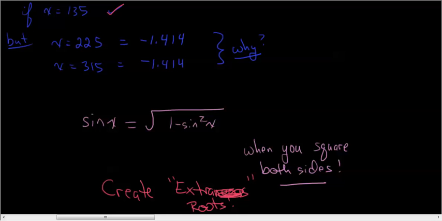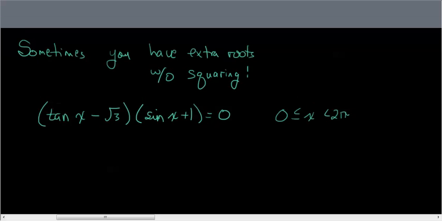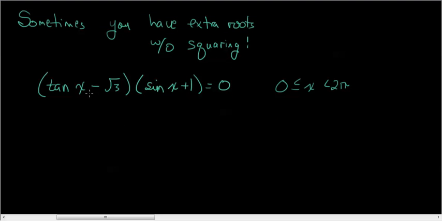But now the problem is sometimes we have to watch for it even when we're not squaring both sides. Sometimes it has to do with the domain of the functions that we're multiplying. So in this case, it's already factored for us. We've got tangent x minus square root of 3 times sine x plus 1.